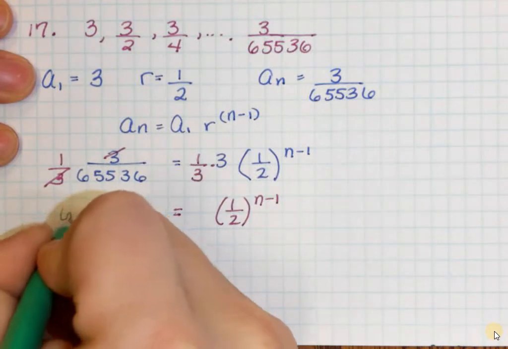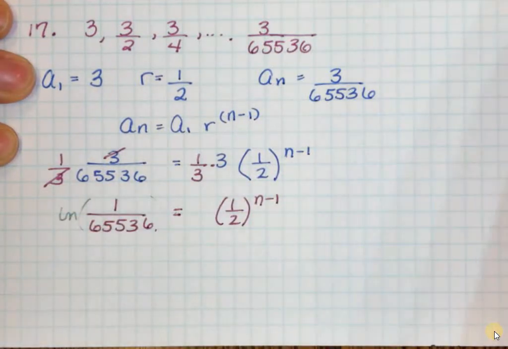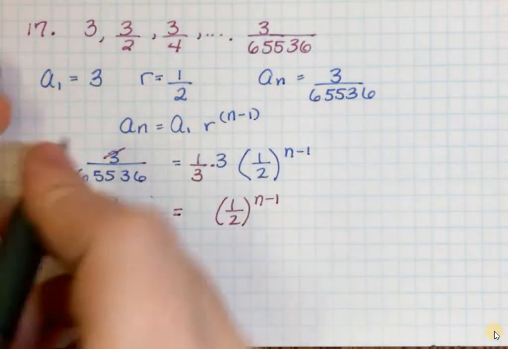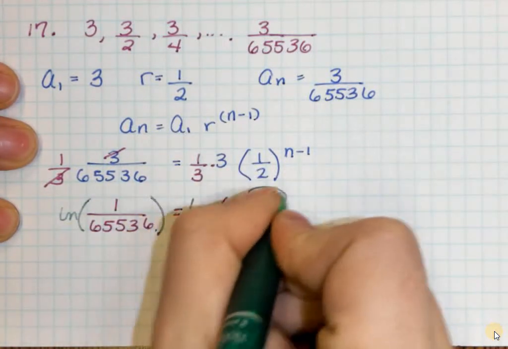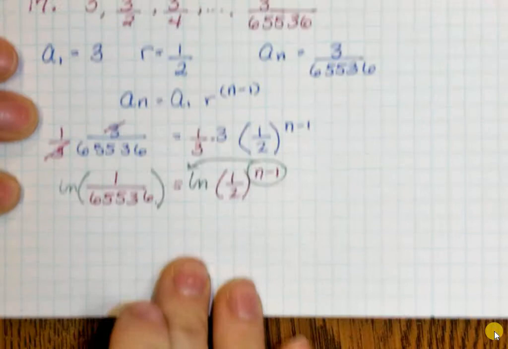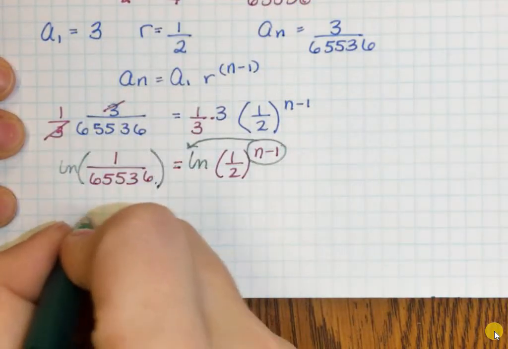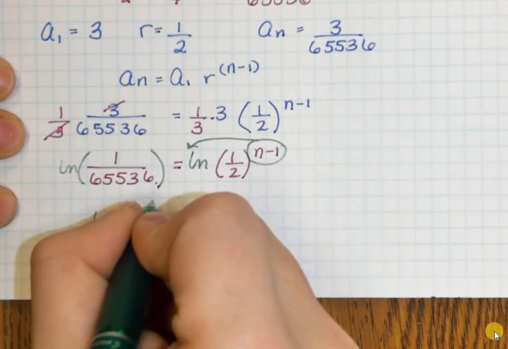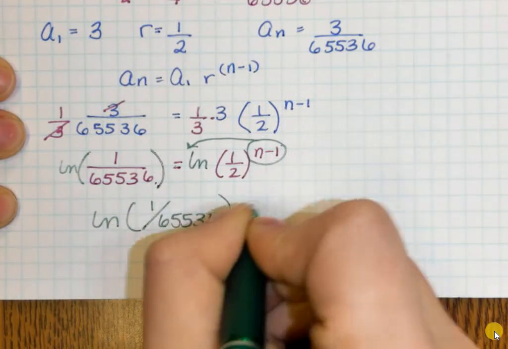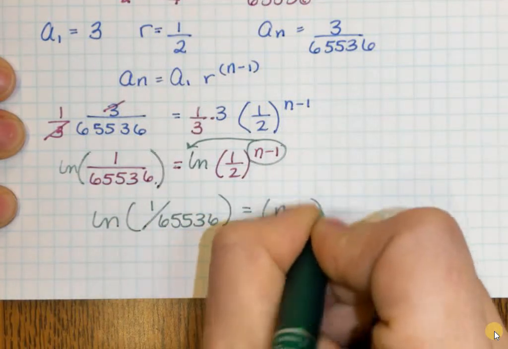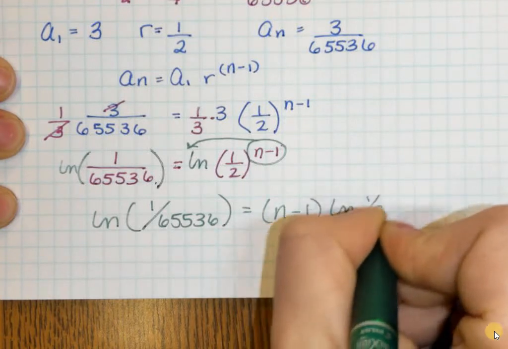ln, yeah. So I'm going to take the ln of each side, and that's going to let me pull that thing down in front. So I'm going to have ln of 1 over 655,36 is equal to n minus 1 times ln of 1/2.